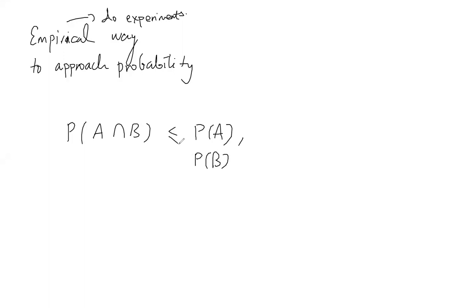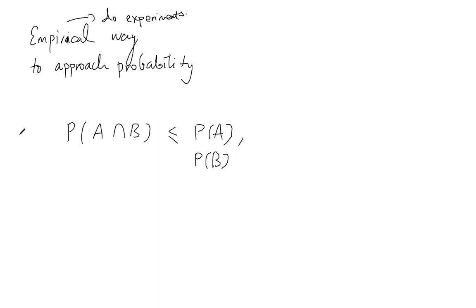Intuitively we can appreciate this, because wanting two things to happen at the same time is harder than either one of the things happening by itself, because you require two things to occur simultaneously. That definitely feels harder than just asking one of them to happen.